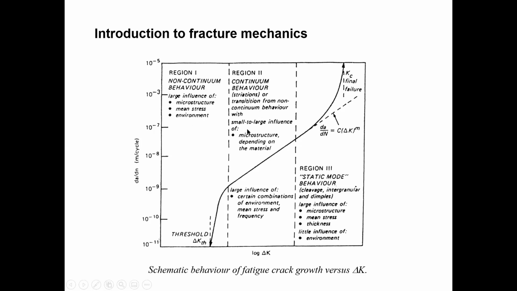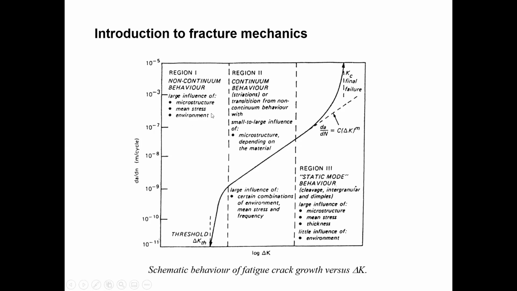It depends on the material, actually, the microstructure. In region 1 microstructure is a significant governing factor. In region 2 it is small, but the mean stress and the environment again have the large influence. The third region is static mode behavior, with large influence by microstructure.